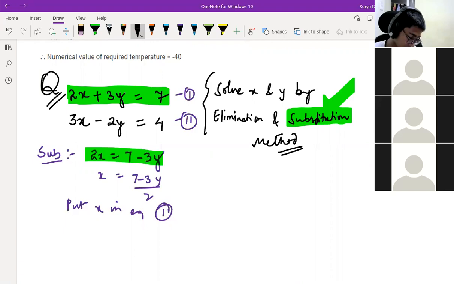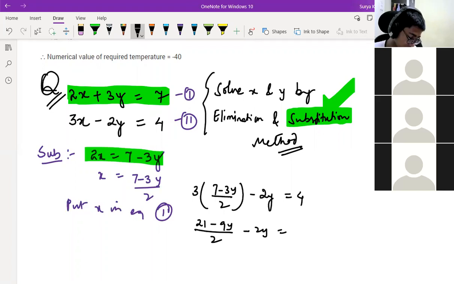So I'll write here 3 into (7 minus 3y) divided by 2. All right, fine. See here what to do. 7 threes are 21, minus 9y, divided by 2, minus 2y is equal to 4. After solving, you'll get y equal to 1.